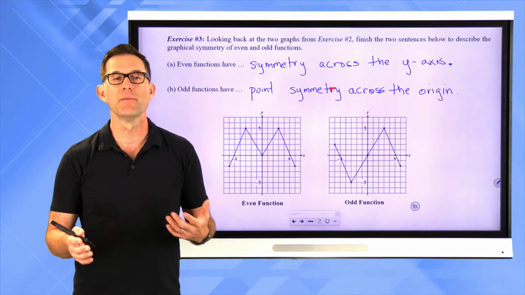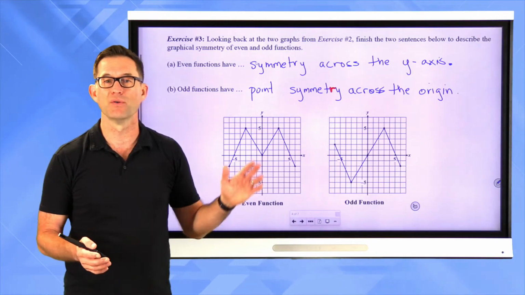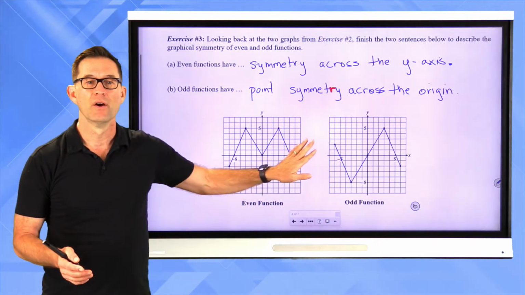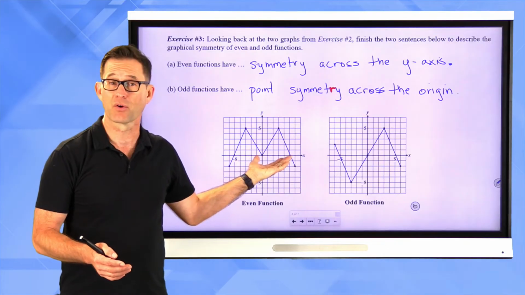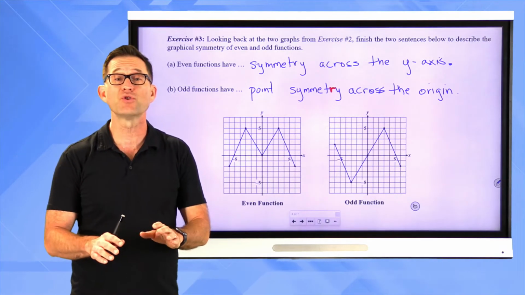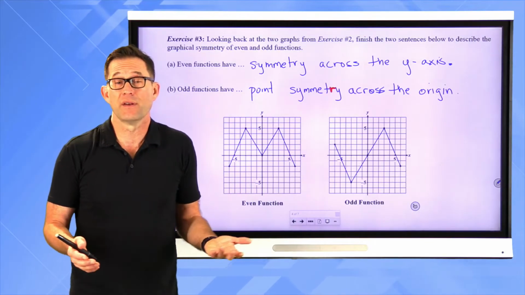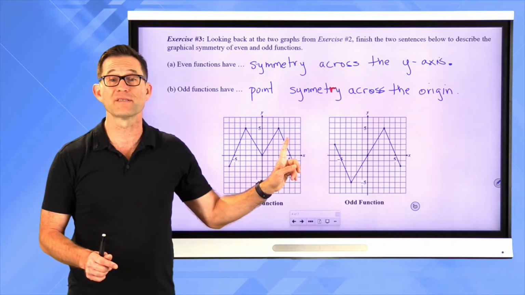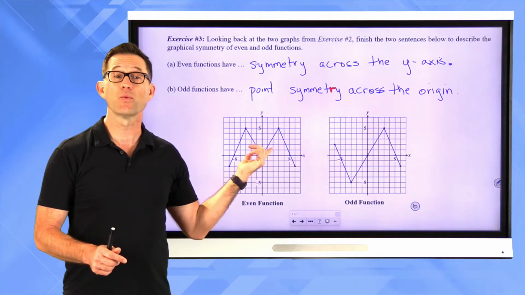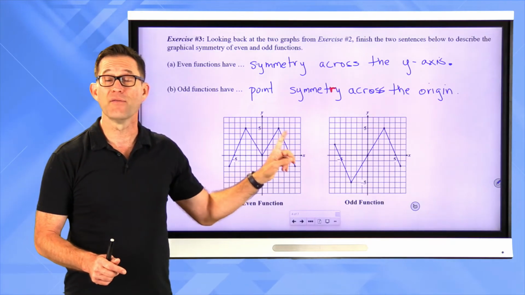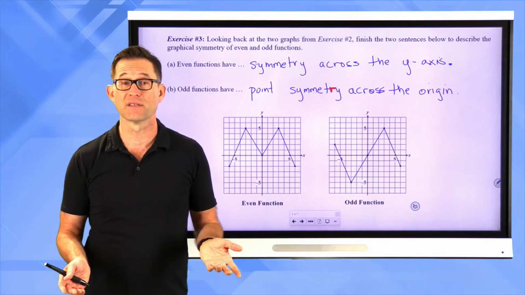And again, that one's a little bit more difficult to describe as opposed to line symmetry where we just reflect something across the y-axis. And that will be true always for even and odd functions, because literally the definition of reflecting a point across the y-axis means that you switch the sign of the x-coordinate, but the y-coordinate stays the same.